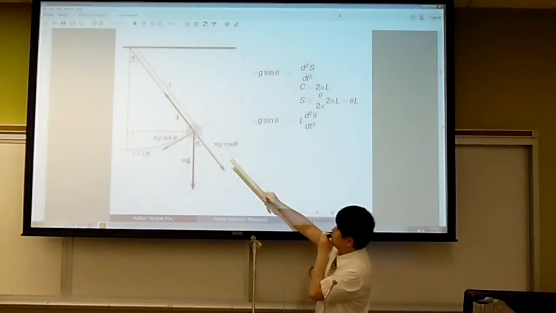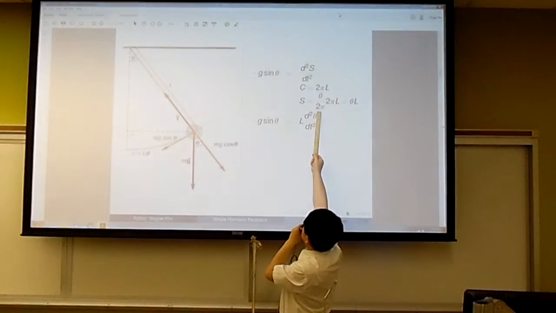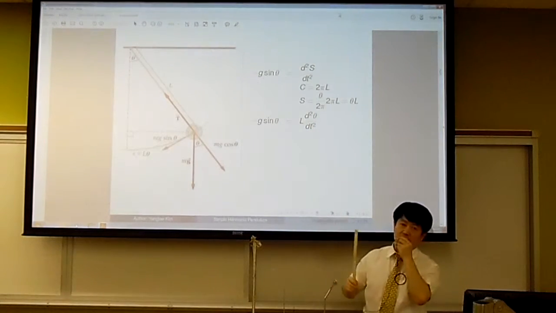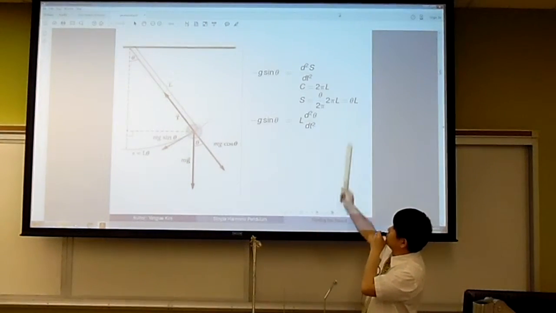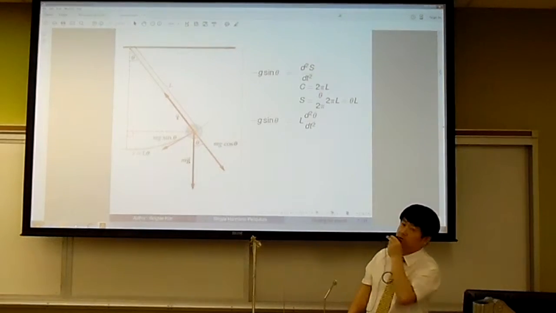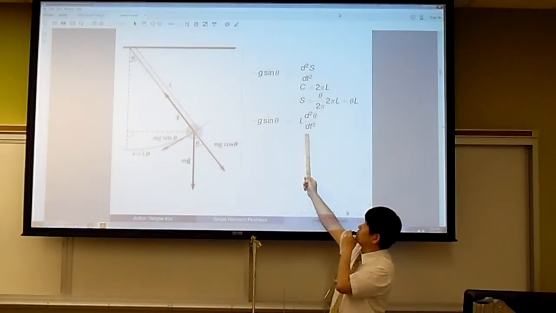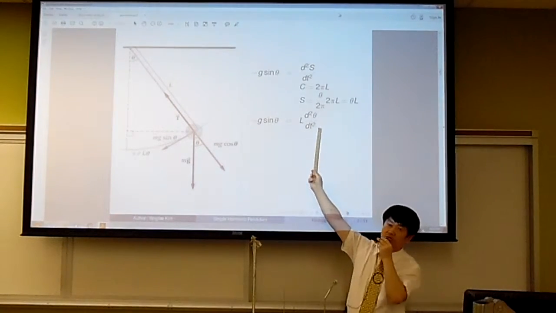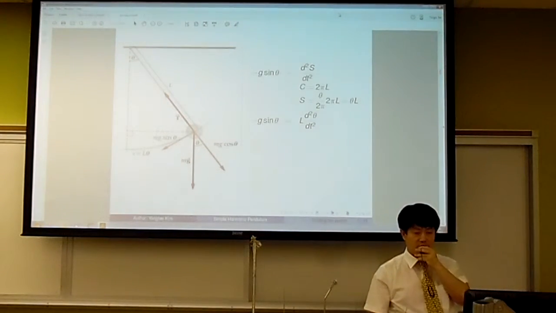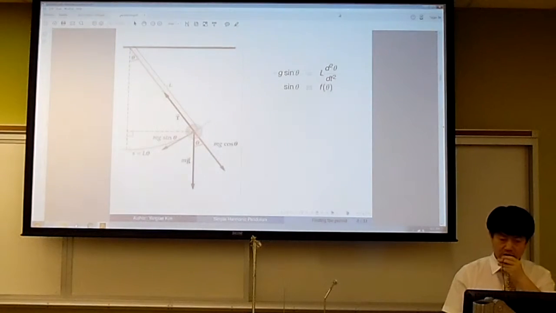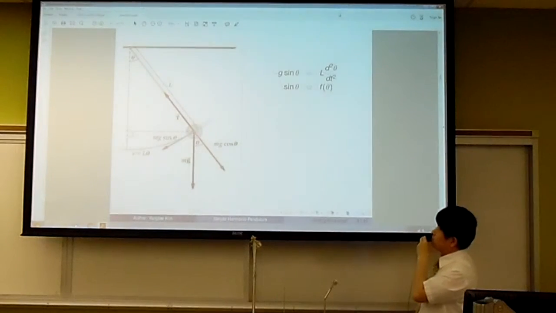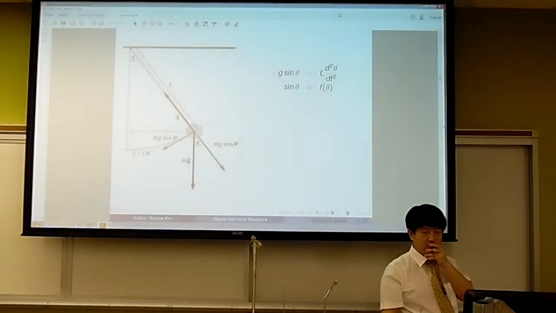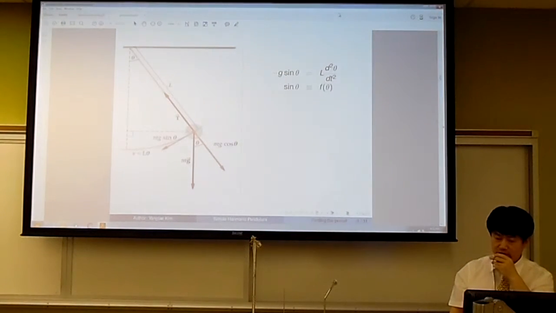Angle theta out of 2 pi is the fraction, times 2 pi L gives you L theta. You plug that into S, then negative g sine theta equals L, which is constant, times the second derivative of angle theta. So we have a second derivative equation.